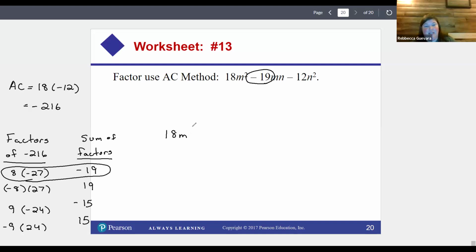So I had 18m squared. And then that negative 19mn, I'm breaking into a positive 8mn and a negative 27mn. And then I'm getting minus 12n squared.